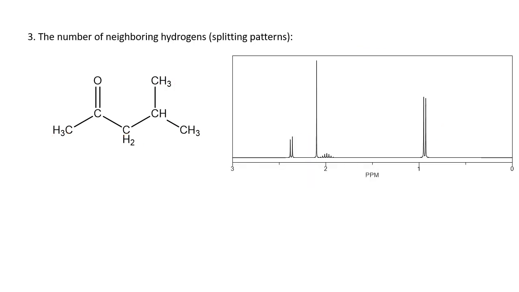The third thing that NMR will tell us is the number of neighboring hydrogens to a set of hydrogens. This is also known as splitting patterns. Now, when I'm talking about neighboring hydrogens, we're focusing on neighbors that are on an adjacent C. Now, for neighbors or splitting patterns, we use what's known as the N+1 rule.